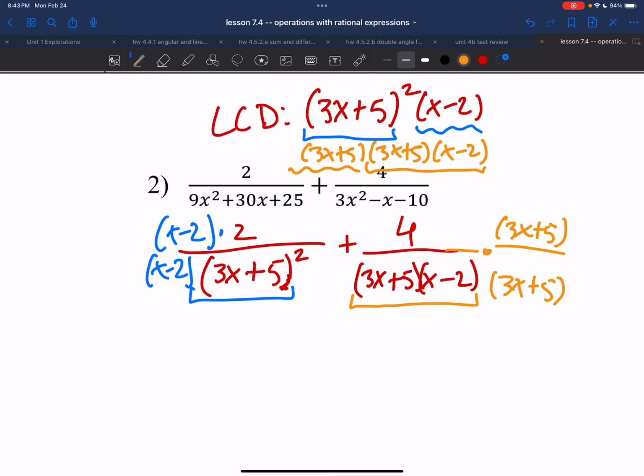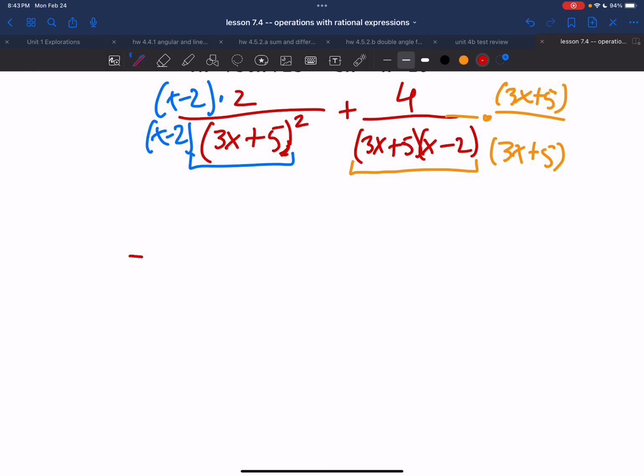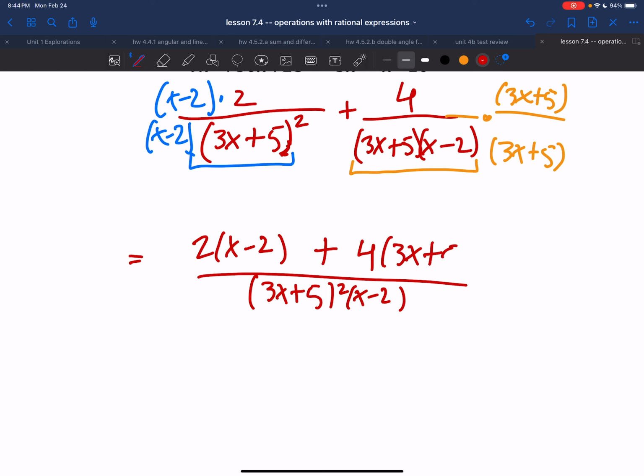Okay? This makes the denominators match. So on the next line, the common denominator is 3x plus 5 squared times x minus 2. In the numerator, you have 2 distributing to x minus 2 plus 4 distributing to 3x plus 5.